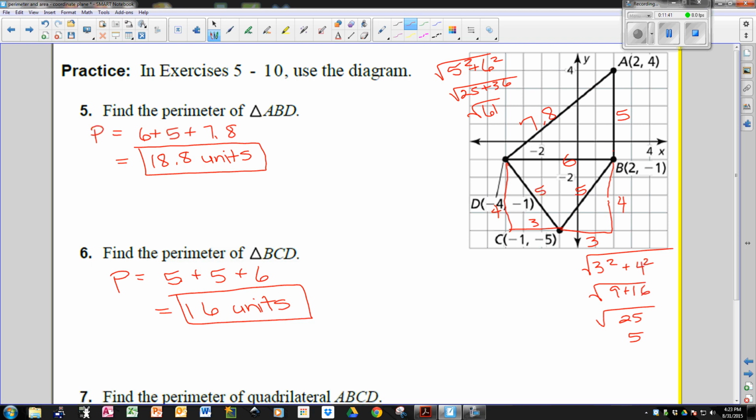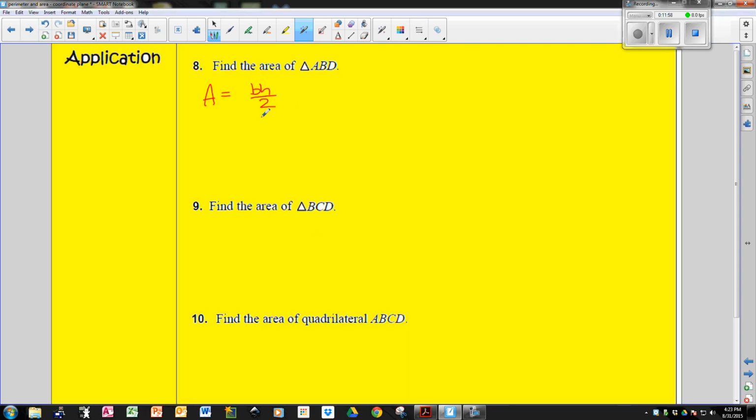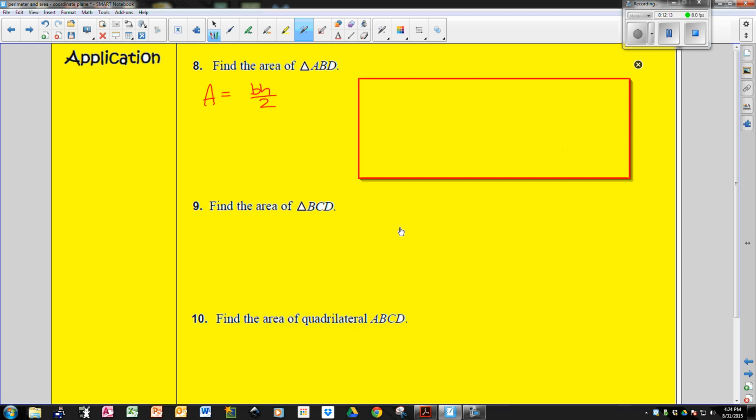Okay, so now, since this is perpendicular to this, we know it's a right triangle. So if you'll remember, I told you all I had to do is multiply the legs. So that's going to be 5 times 6 divided by 2. 30 divided by 2 is 15 units squared. So ABD is 15 units squared.